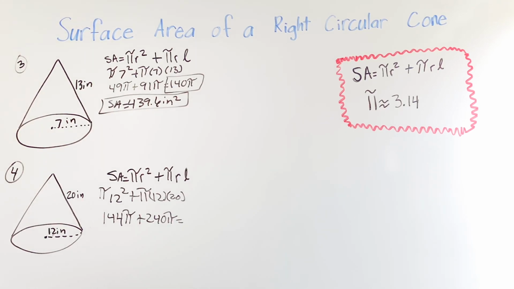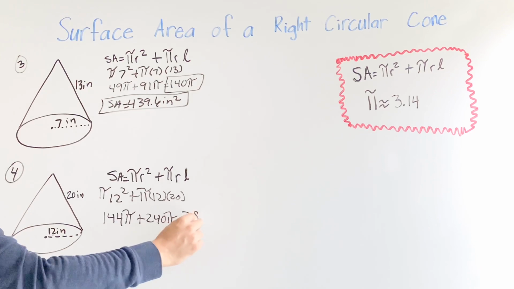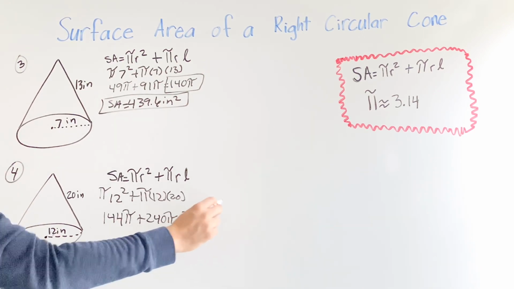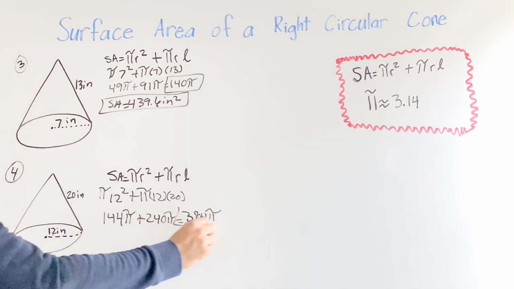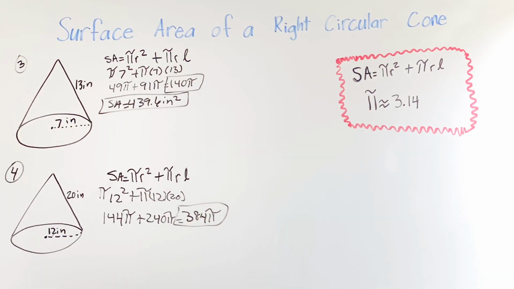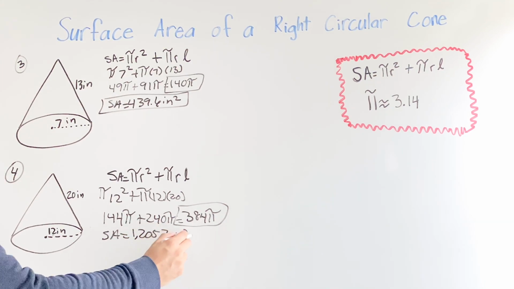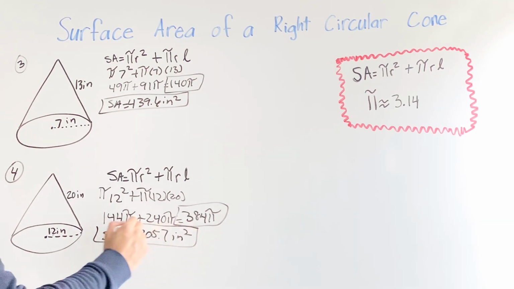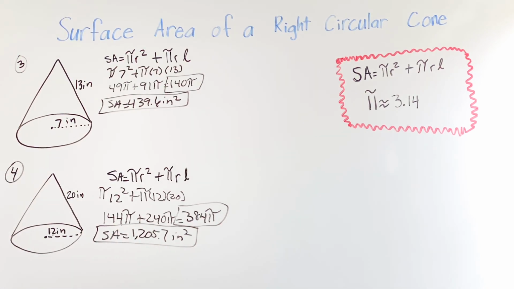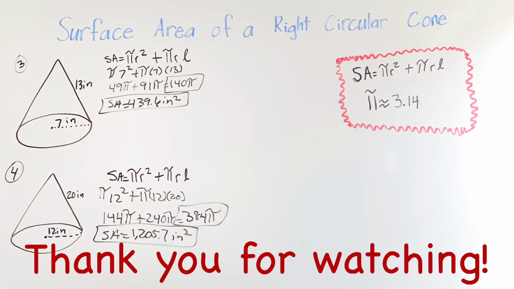If your teacher just wants you to leave your answer as pi, it's going to be 384 pi. If your teacher doesn't want you to leave your answer as pi, you can multiply 384 times 3.14, and your answer for surface area will be 1,205.7 inches squared. Okay?